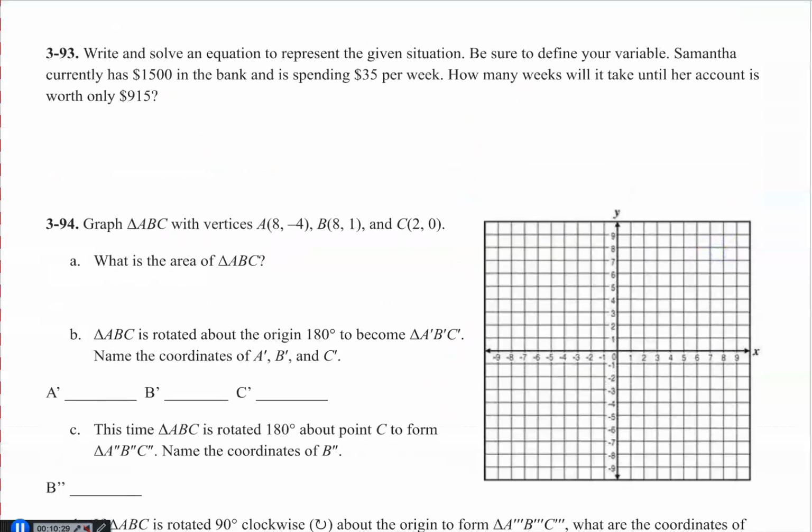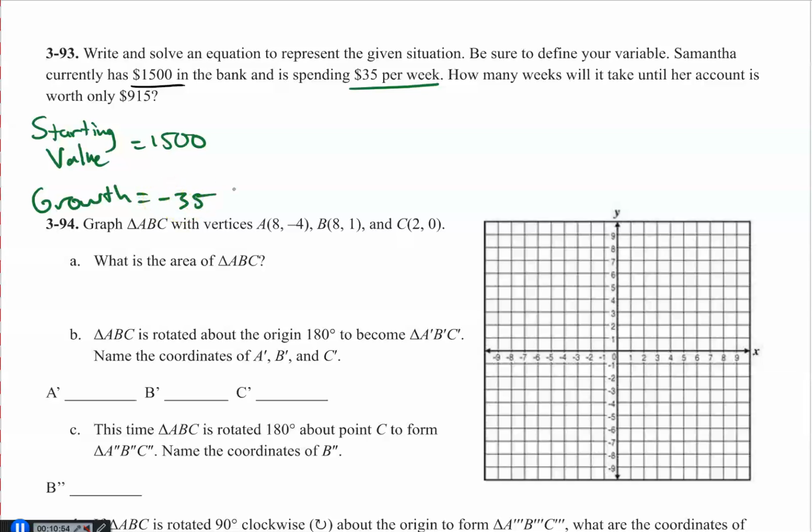393. Write and solve an equation. Be sure to define your variable. Samantha currently has $1,500 in the bank. So the starting value, $1,500. She's spending $35 per week. So her growth, if you think about it, is -35.